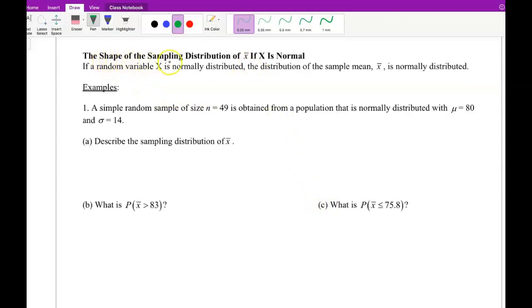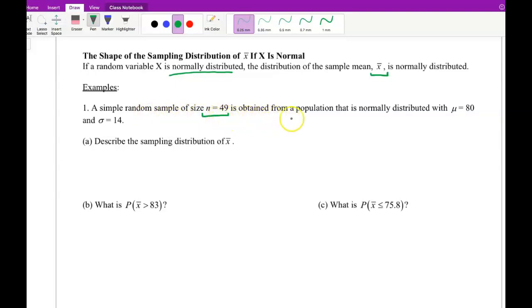So the shape of the sampling distribution of x bar: if a random variable x is normally distributed, the distribution of sample mean x bar is normally distributed.